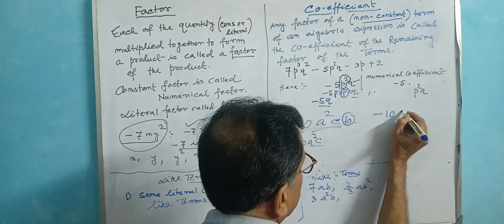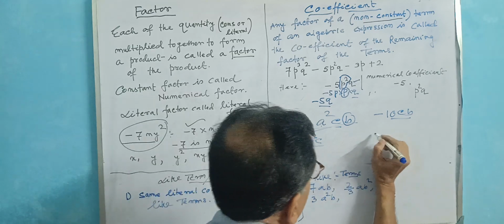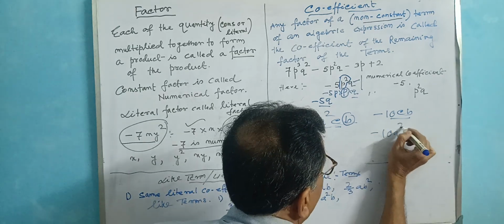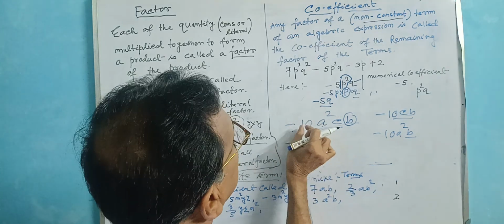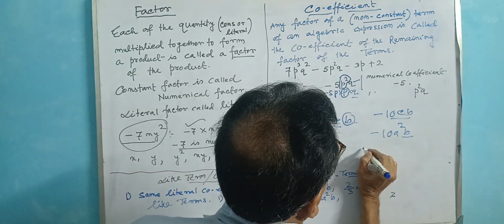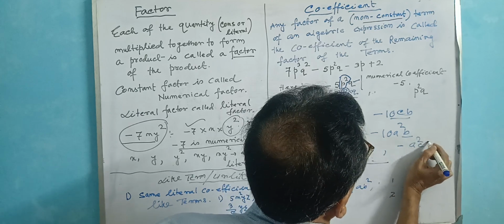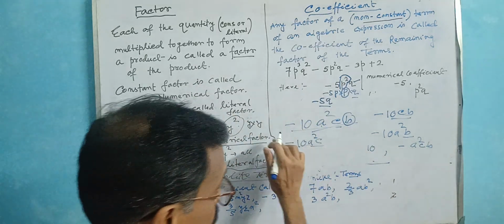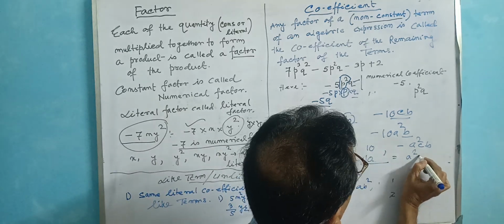Minus 10 CB. What is the coefficient of C? Minus 10 a square B. This is very important. This is the literal. What is the coefficient of 10? That is minus a square CB. What is the coefficient of minus 10? So that is only a square CB.